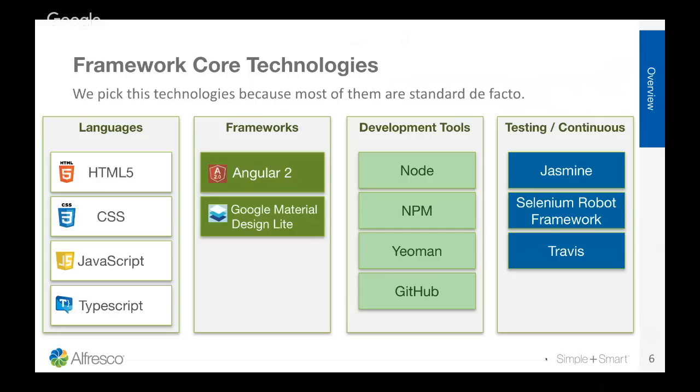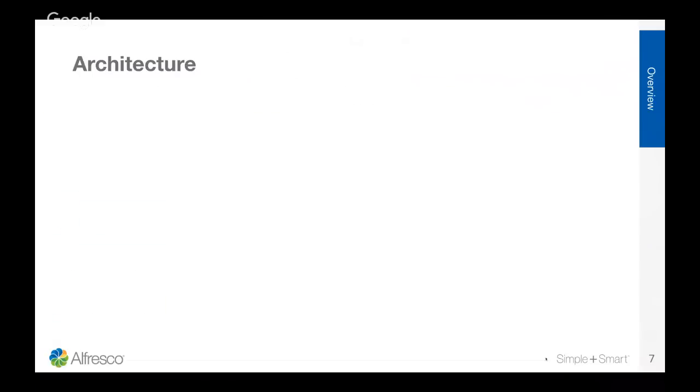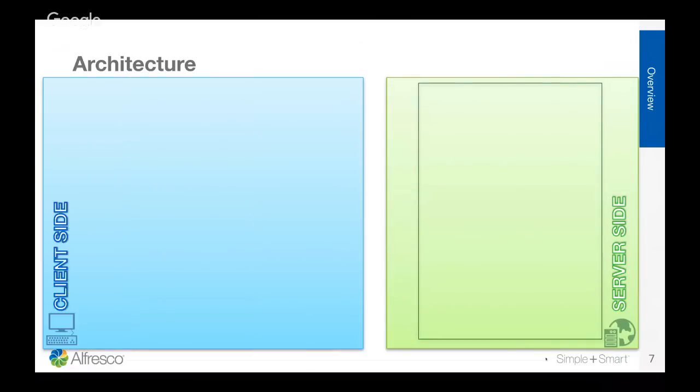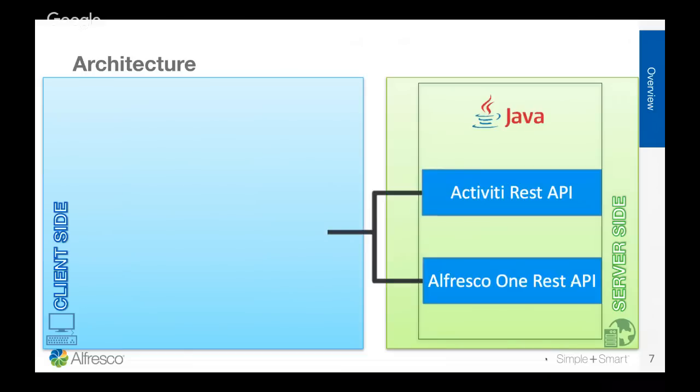Now let's have a look at the architecture of the framework. So we have a server side and a client side. On the server side, you can see the classic things of Alfresco, the things that you may know most: the Activiti REST API and Alfresco One REST API layers.